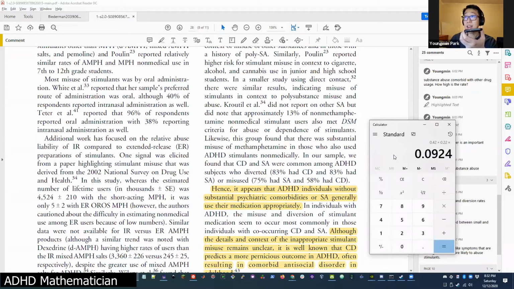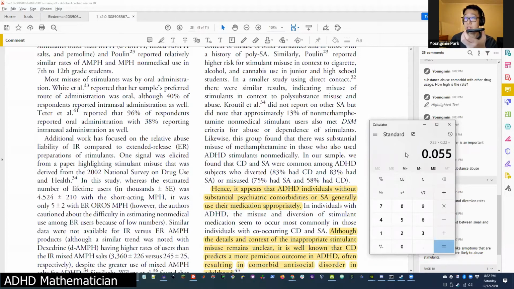So there's a 9% risk that you will misuse or divert your medication. This is the absolute worst number I could give you. If we go by a slightly better number, let's say the 75%, if you don't have a history of substance abuse, and we multiply that by the rate of addiction or misuse, then we have a 5.5% chance of misusing things.